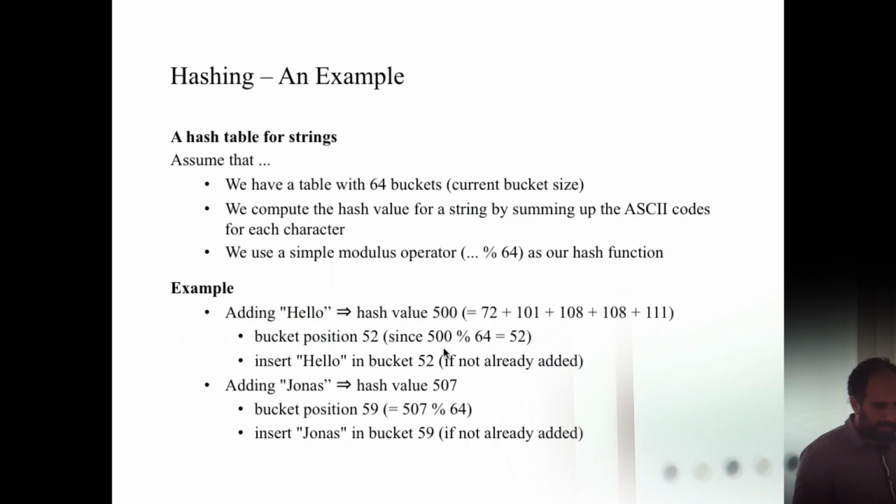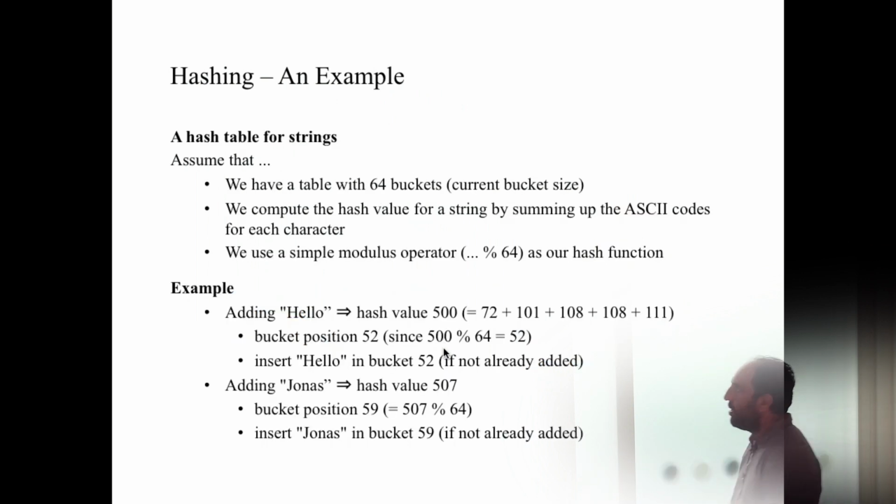So for example, if we have values of type string and we want to place those string values in our hash table, how can we do that? Any idea? There could be different approaches.